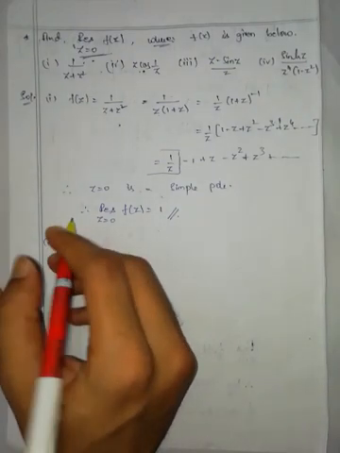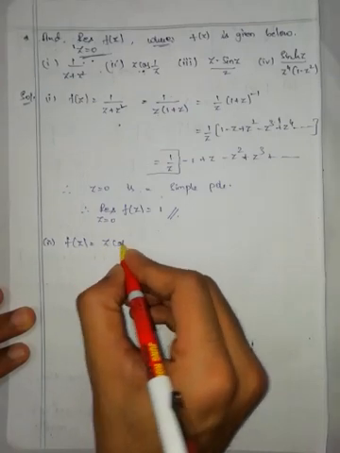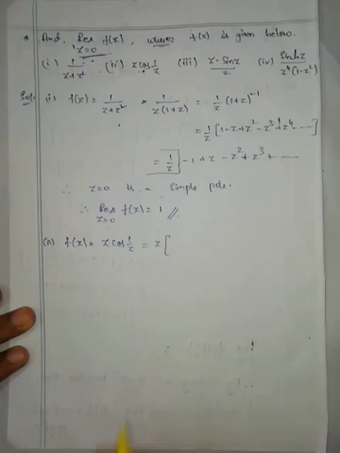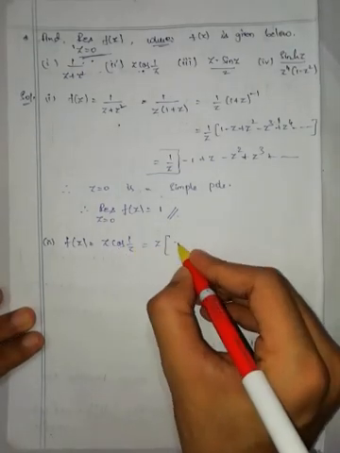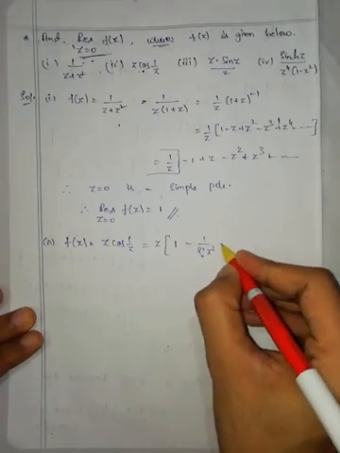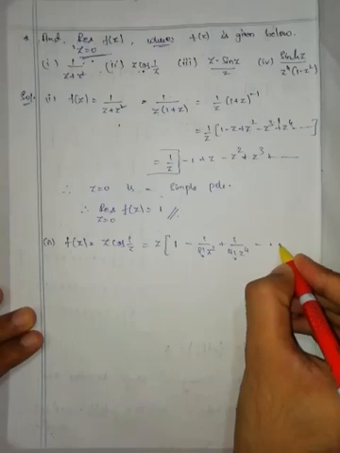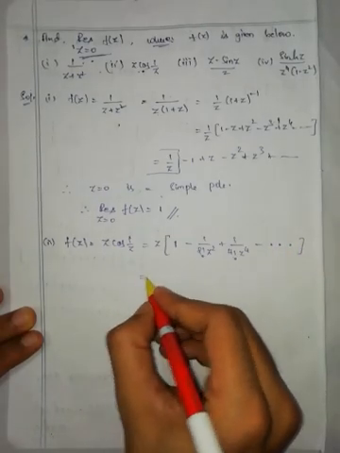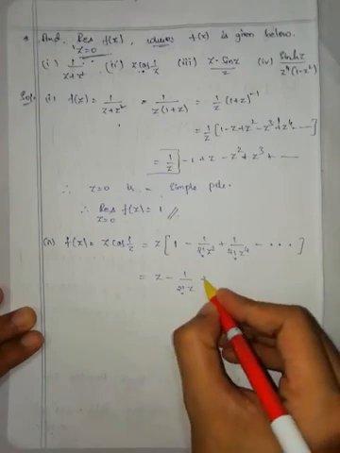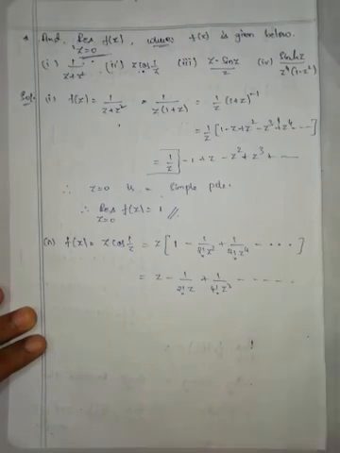Now second one, f of z is equal to z into cos 1 by z. Expand the cos 1 by z, that is 1 minus 1 by 2 factorial into z square plus 1 by 4 factorial into z power 4 minus so on, which is equal to z minus 1 by 2 factorial into z plus 1 by 4 factorial into z cube minus so on.